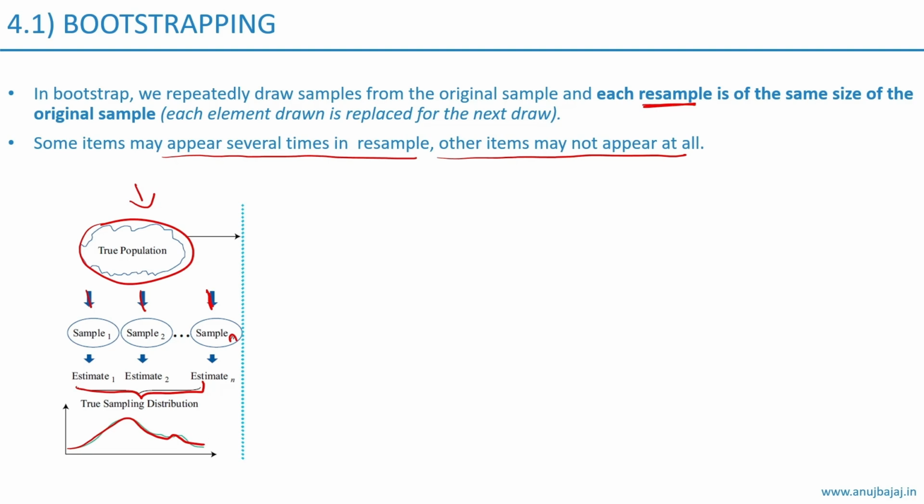And this will approximately follow a normal distribution, where the average of the distribution will be the population mean, and the standard deviation or the standard error of this distribution. The standard error of the sample mean will be the population standard deviation divided by the root of the sample size.